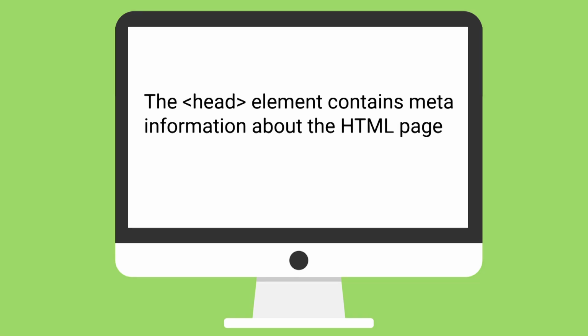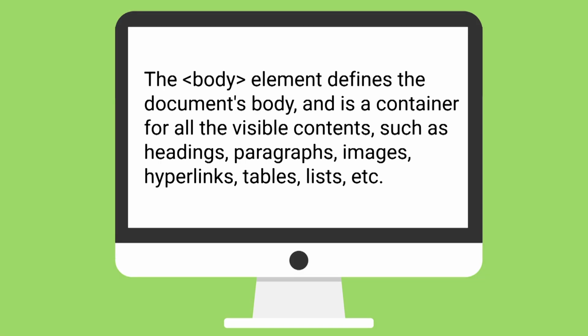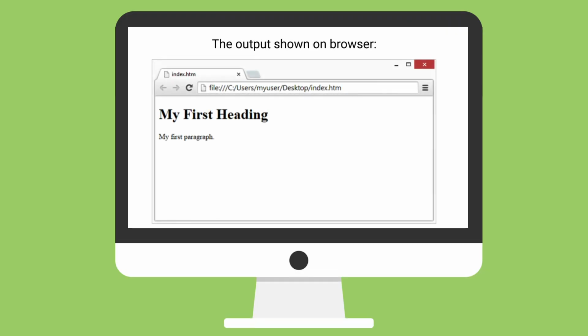Now you may ask what the head is and what its functionality is. This element contains meta information about an HTML page. Then the body information, whatever you type in between the body tags, will appear in these locations. This is a simple HTML document. Now, how to run this script?